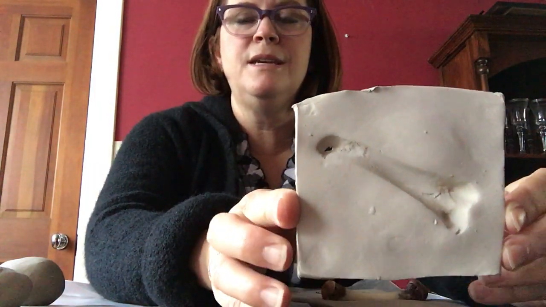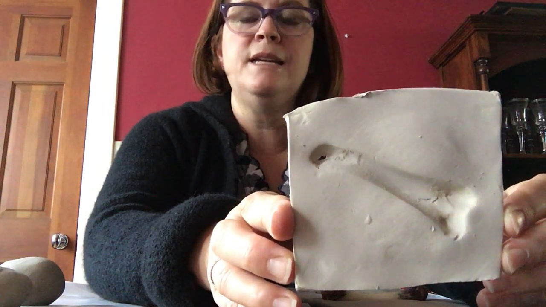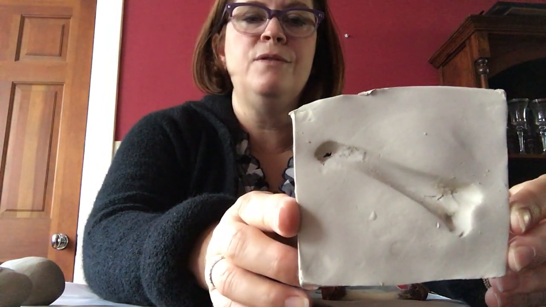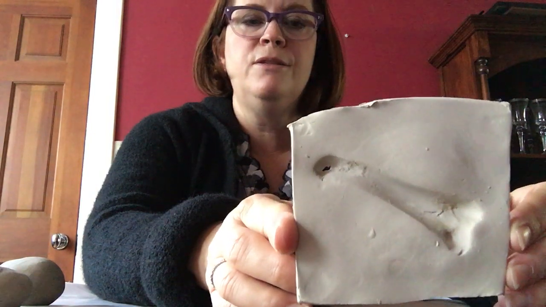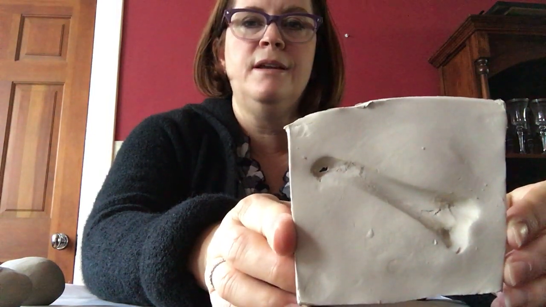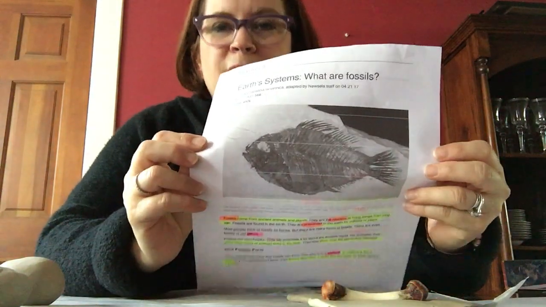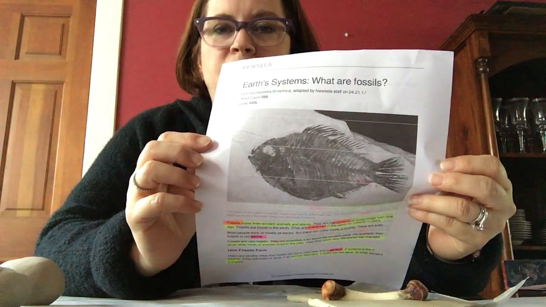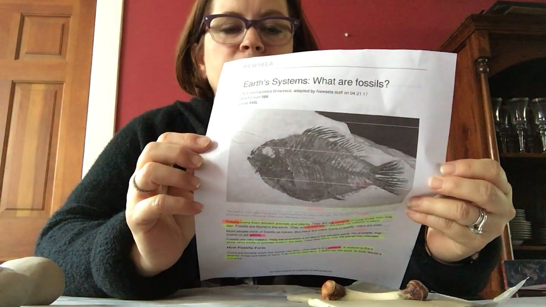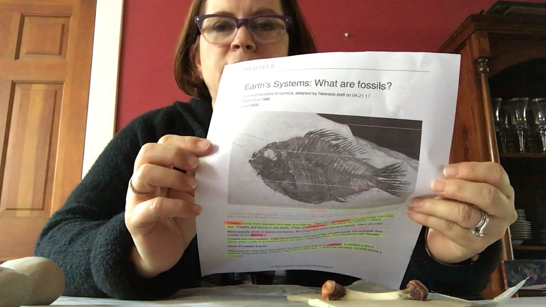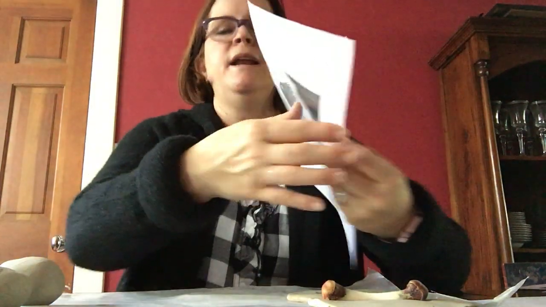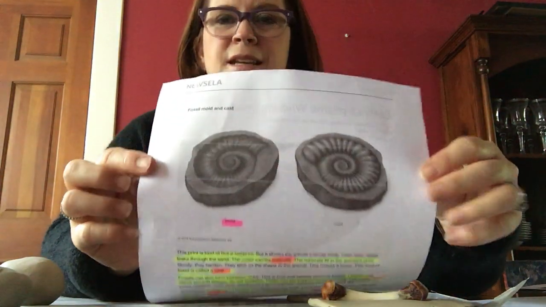So this can be similar to what they might find outside. If you were searching through rocks, you might discover a fossil, right? You might have a fish fossil where the fish was on the bottom of the river or ocean and it pressed into the sand and clay. You might have a mold or a cast that looks like this. So you can show your students that.